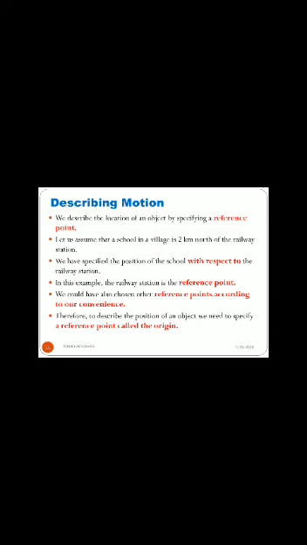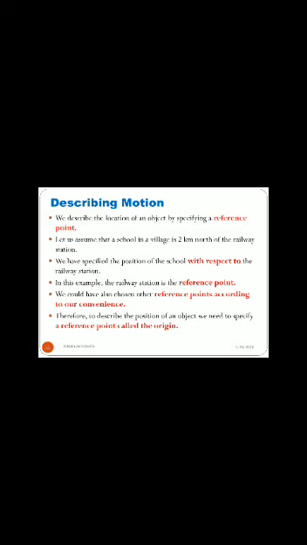We have to specify the position of the school with respect to some location, and that location is defined as a reference point. In this case the railway station is a reference point. We could also choose the reference point according to our convenience.